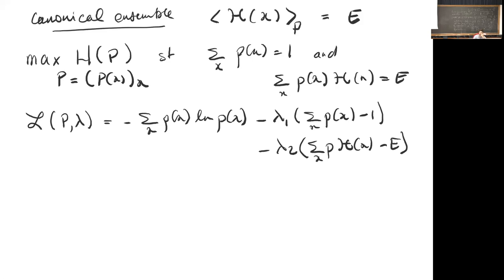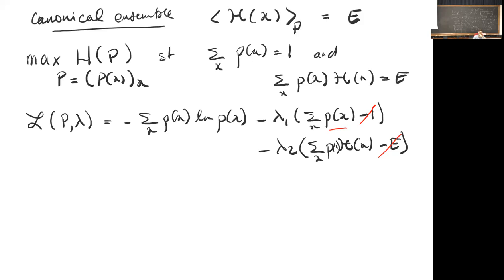Just a remark so that you're not lost if one day you see people writing Lagrange functions slightly differently. You see that actually, if I would not write this or this, it would not change anything. Because when I take derivatives with respect to p, you see that these are just constants.